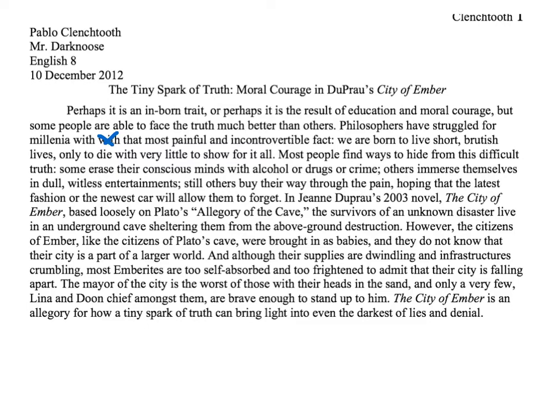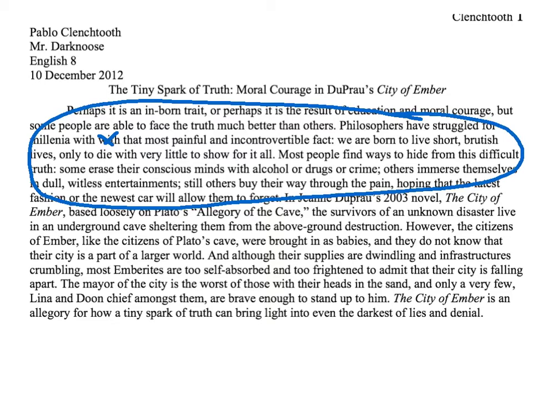So you can clearly see in this first part of the essay that I am speaking generally about the idea of hiding oneself away from the truth.